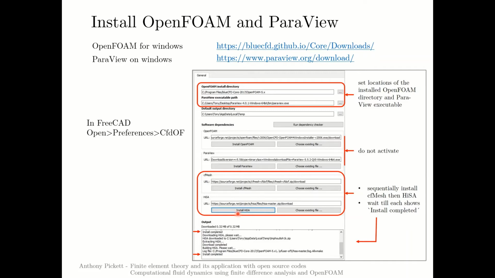You then install this other meshing software. The location is automatically given here. You don't have to do anything for either of these locations. Just do the install. Down here you'll get lots of information, and it will go on for quite a long time until the install is completed. Once you've done that, run this dependency checker. It should show you that everything is properly installed, and then you're ready to do analyses.